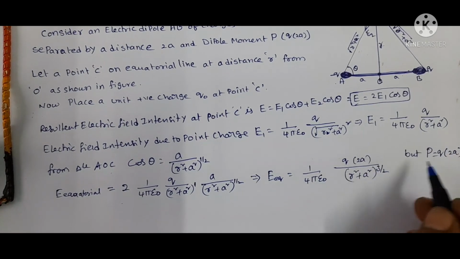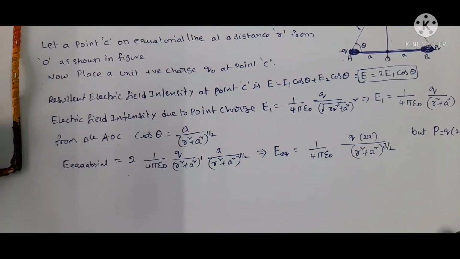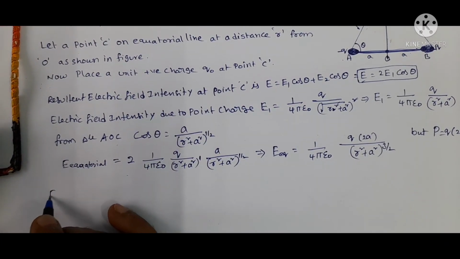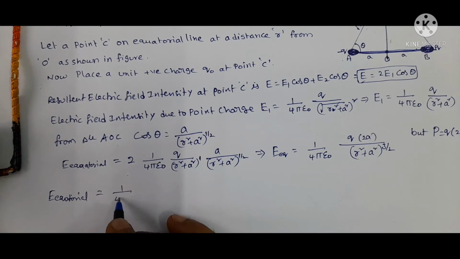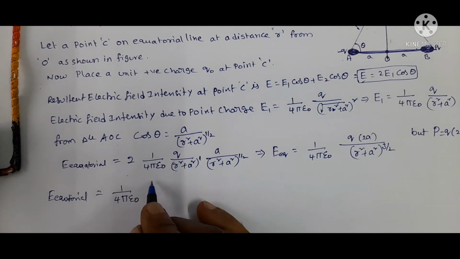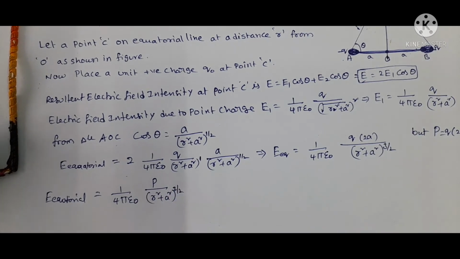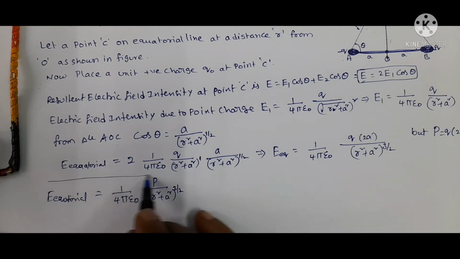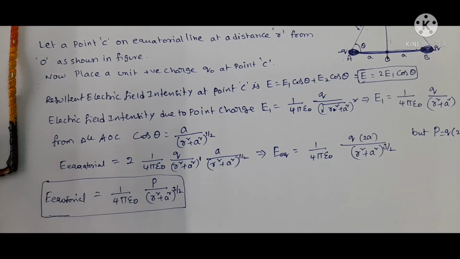Now in place of Q into 2A you can put P. Got it? Finally you will get E equatorial equal to 1 by 4 pi epsilon naught P by R square plus A square whole power 3 by 2. This is the final formula for the electric field intensity on the equatorial line at point C.